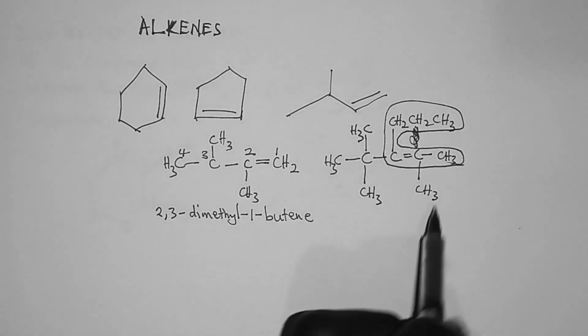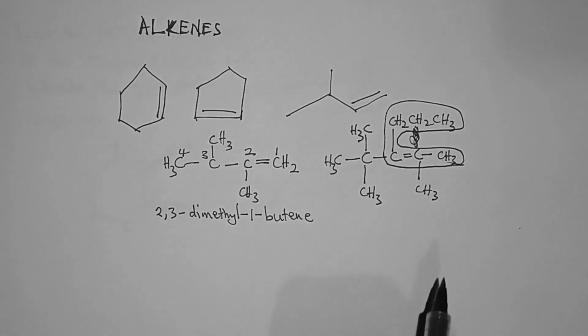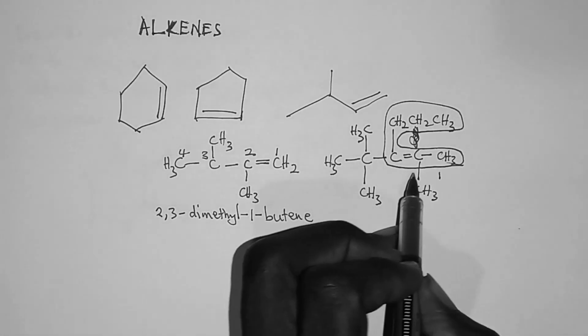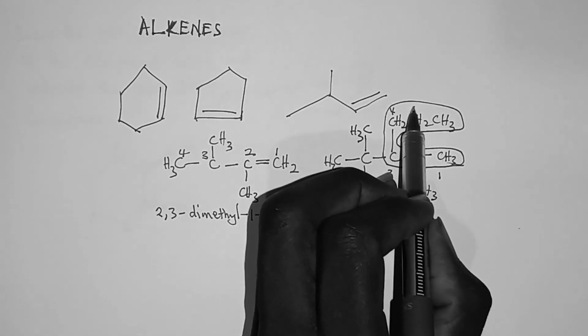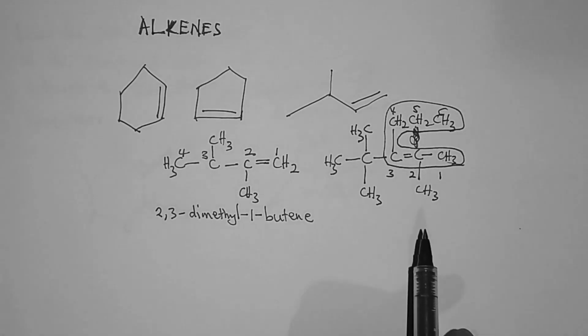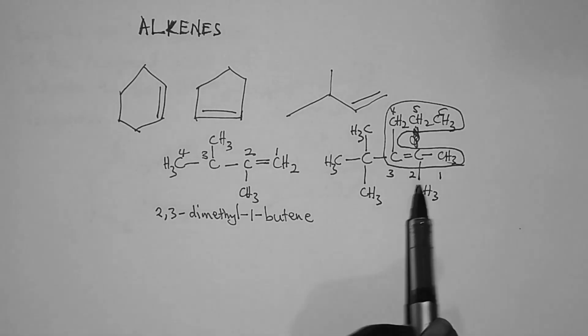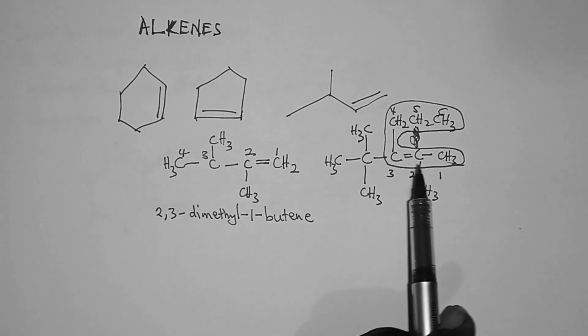Now, we need to assign numbers to the various carbon atoms. So this is carbon number 1, 2, 3, 4, 5, and 6. And since there are 6 carbons, the name is hexene. However, we have the double bond on carbon number 2, so it is a 2-hexene.